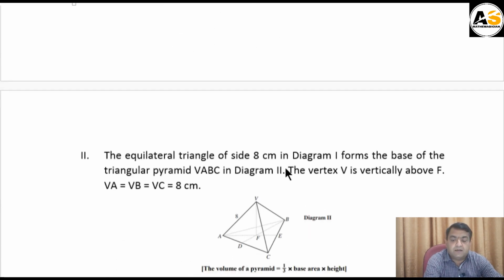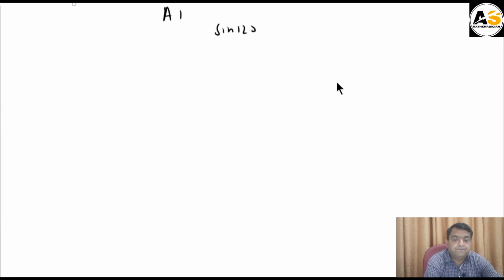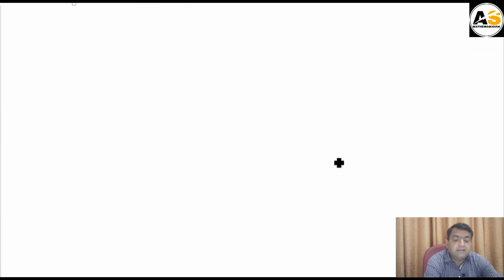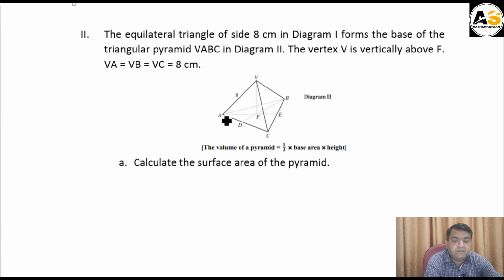In the next part, the equilateral triangle of side 8 centimeters in diagram 1, this triangle becomes ABC, and this side 8 becomes the base of the triangular pyramid. This is the base. This side is 8, this side is 8, this side is 8.